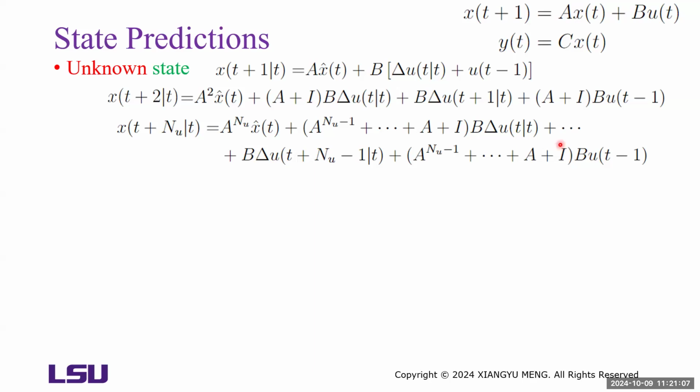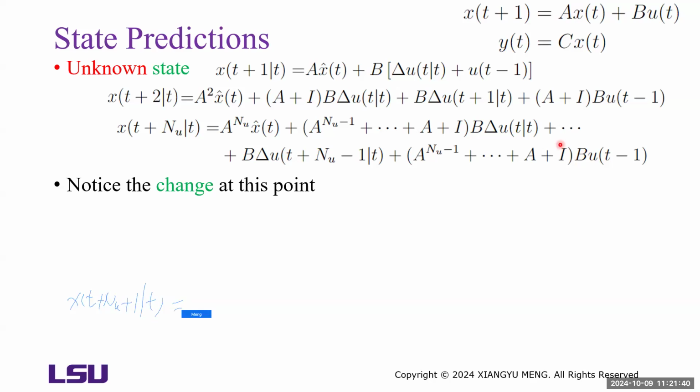Then there will be some changes when k is greater than nu. So there will be some changes for x t plus nu plus 1. We can still follow the same formula, for example. We have x t plus nu plus 1|t.